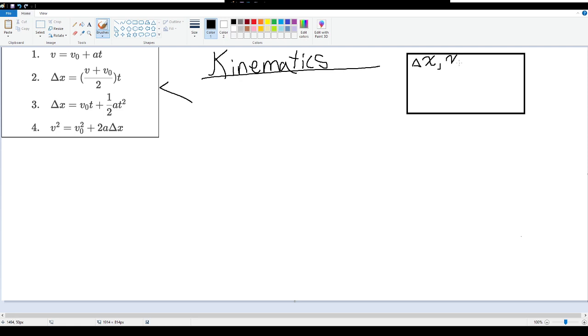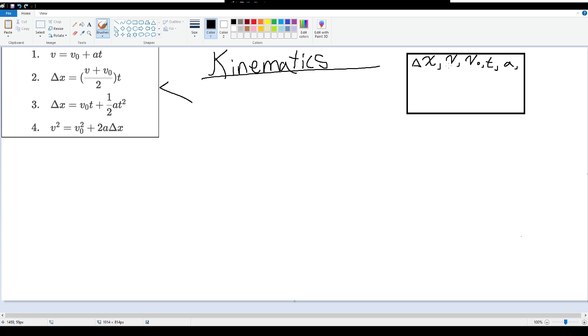We have v, v0, t, and a. So we have delta x, which is the distance or change in distance traveled.